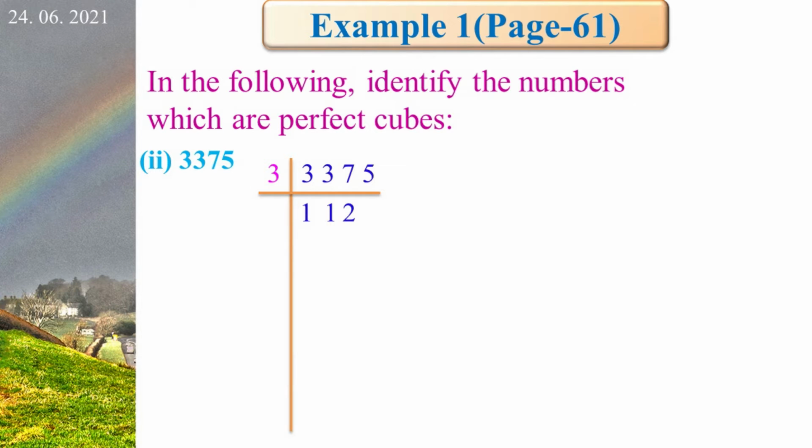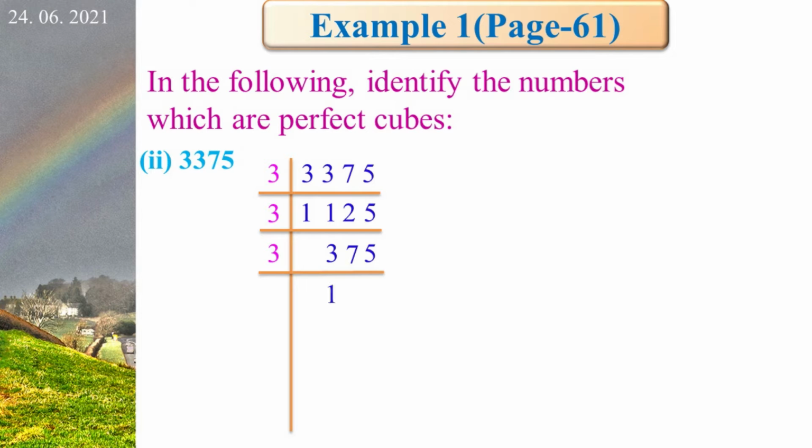Here 7, 2 3s are 6, balance 1, next digit 5, 15, 5 3s are 15. Again we take 3, 3 3s are 9, balance 2, 22, 7 3s are 21, balance 1, next digit 5, we take 15, 5 3s are 15.